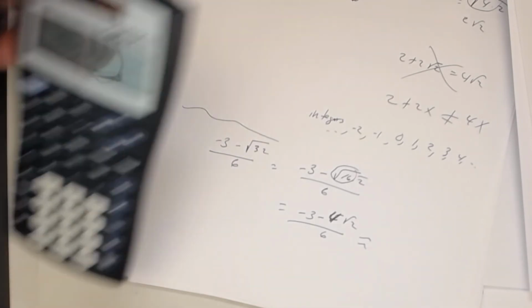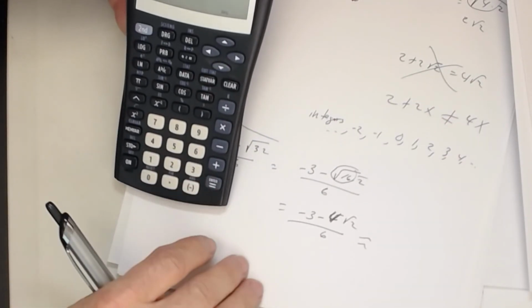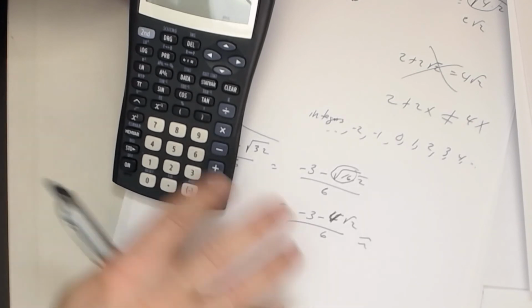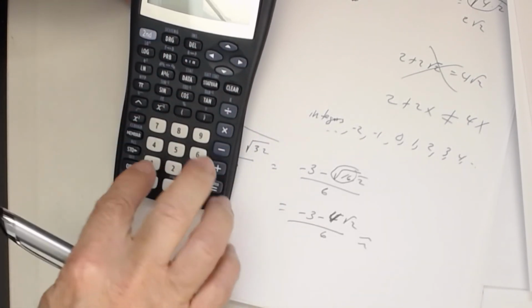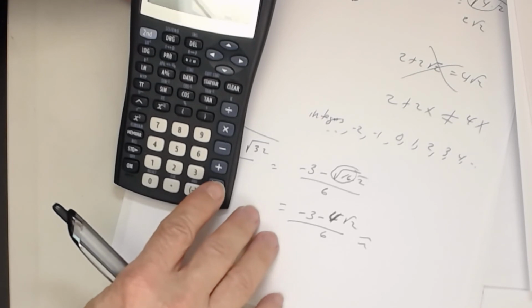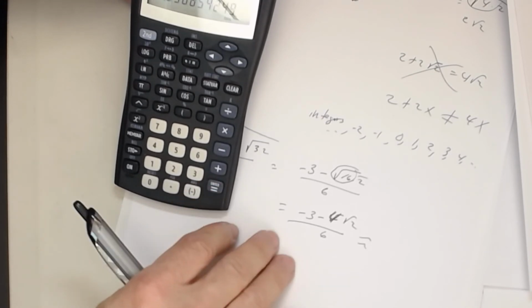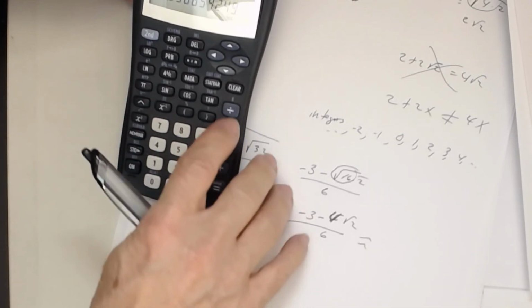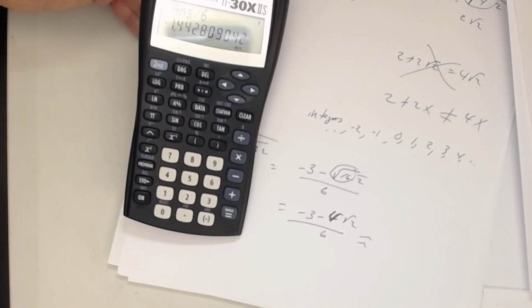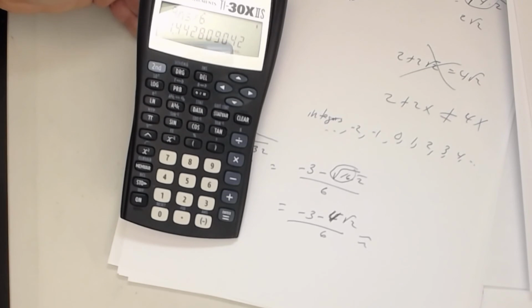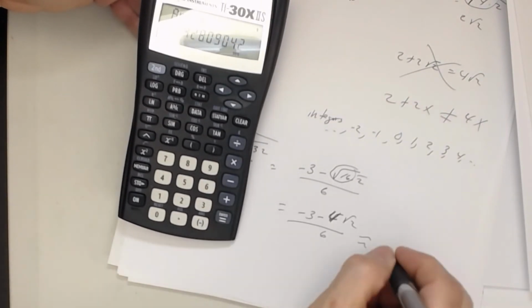So on your calculator, you're going to say -3 minus 4 square root of 2, and you're going to do what? Press equal. Then divide by what? 6, press equal, and then to the nearest tenth, that's going to be -1.4.